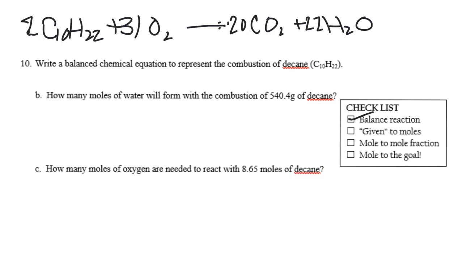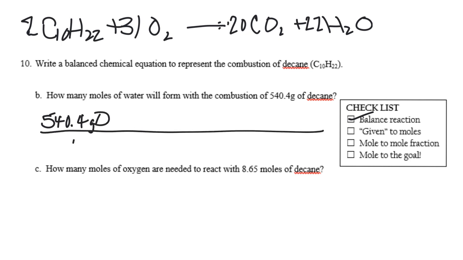Mole is mentioned once, so I'm going to need 2 conversions. And we'll do it without our bridge in a valley. We'll just use our checklist. So I'm starting with 540.4 grams of decane, and I'll just write D for decane. Put it over 1. Grams of decane comes to the bottom. Moles goes to the top.